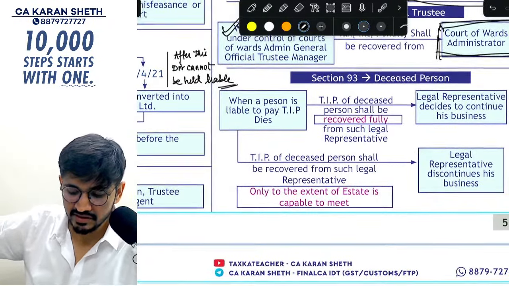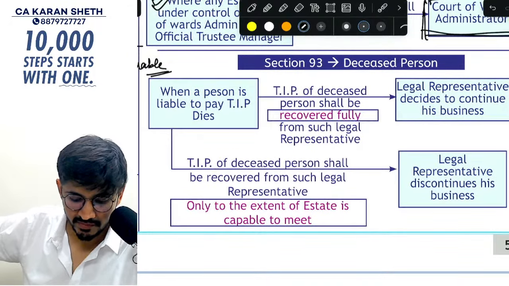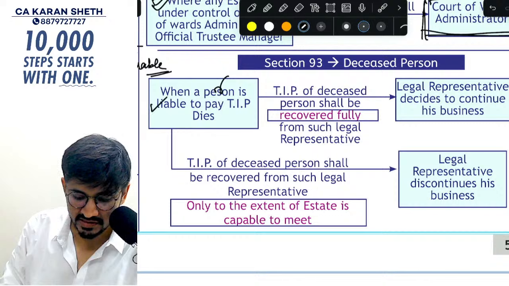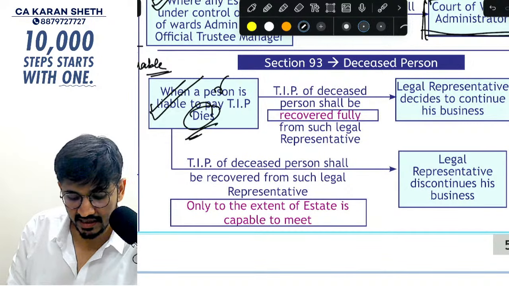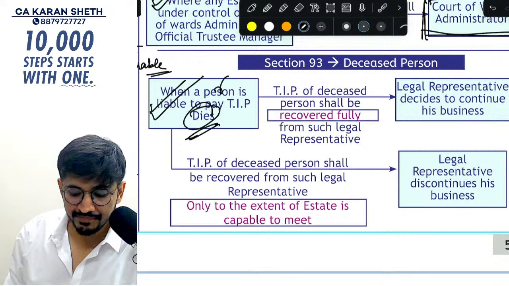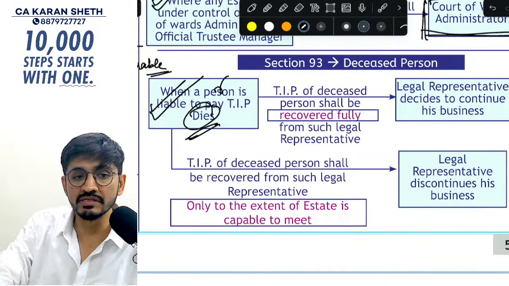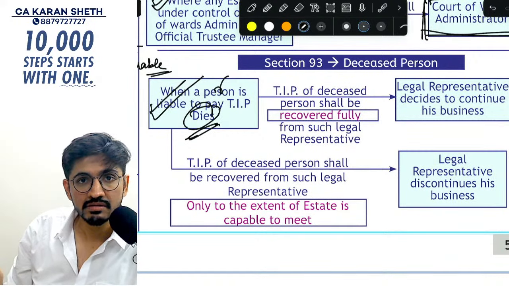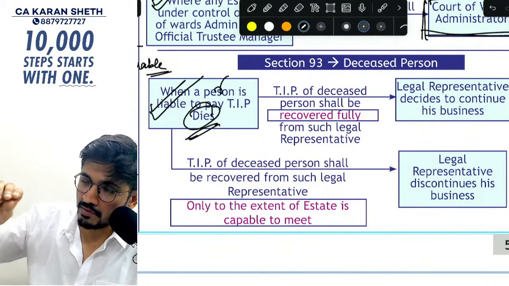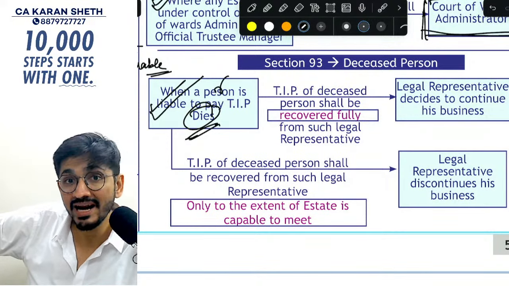And the last is, my dear friends, section 93, deceased person. So understand, if a person is liable to pay tax, interest, penalty, and he dies, now there are two aspects. If his legal representative continues the business, then the tax, interest, penalty liability will be recovered from the legal representative fully.